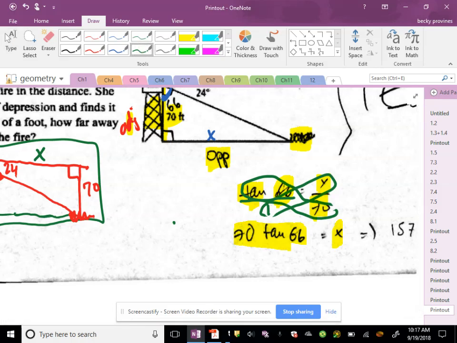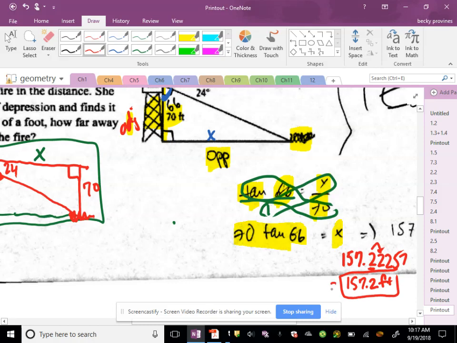Okay, so I'm going to do that now. 70 tangent 66. So on the calculator, I get 157.22257, and so on. Okay, let's round it to one place. So this rounds to 157.2 feet. That's my answer.